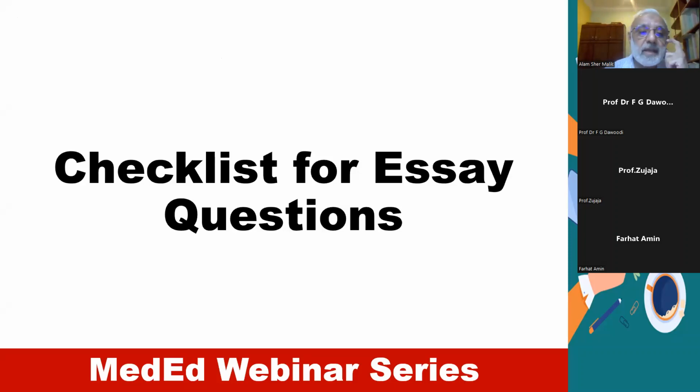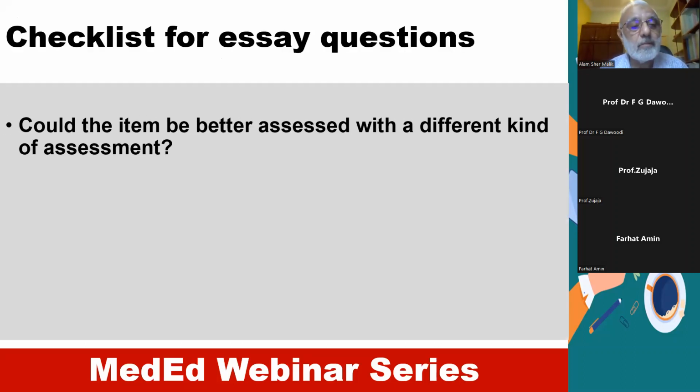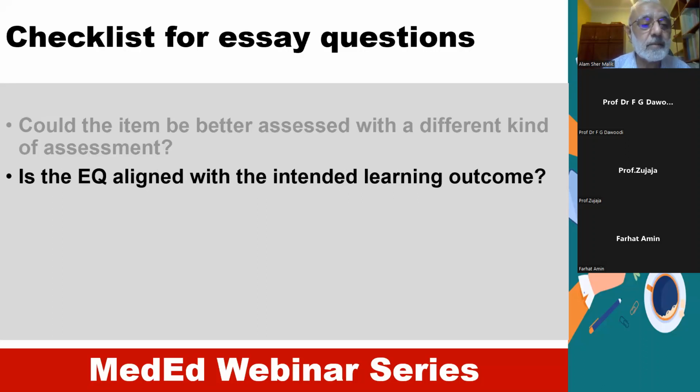The next area we want to look at is the checklist for essay questions. Number one, could the item be better assessed with a different kind of assessment? If the answer is yes, then that item should not be assessed by using an essay question.